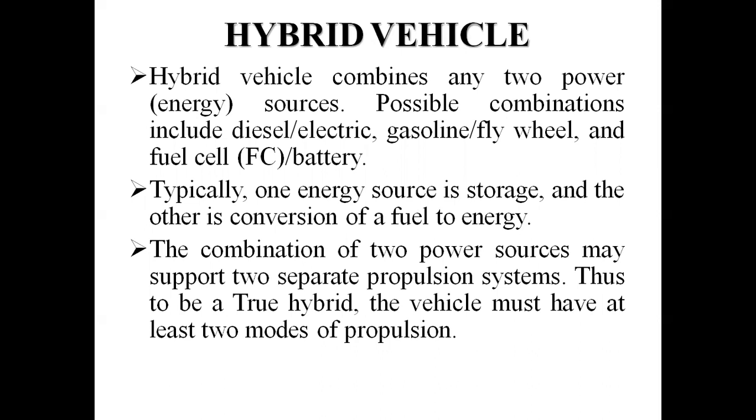So in a hybrid vehicle, what happens? You have, let us say, petrol or diesel as one fuel, which runs the engine, and one part of the power goes into charging the batteries placed inside the car itself. When these batteries are charged, you can use them.